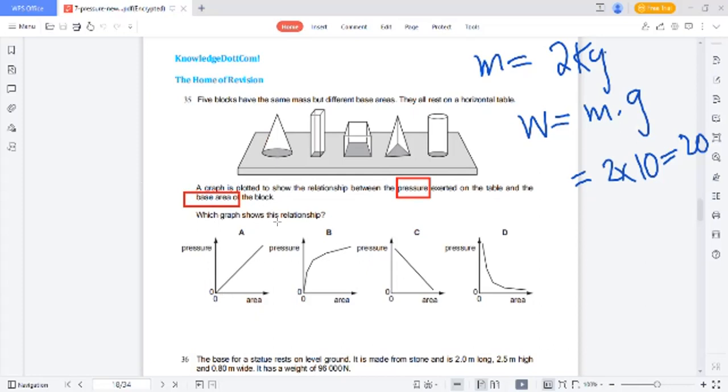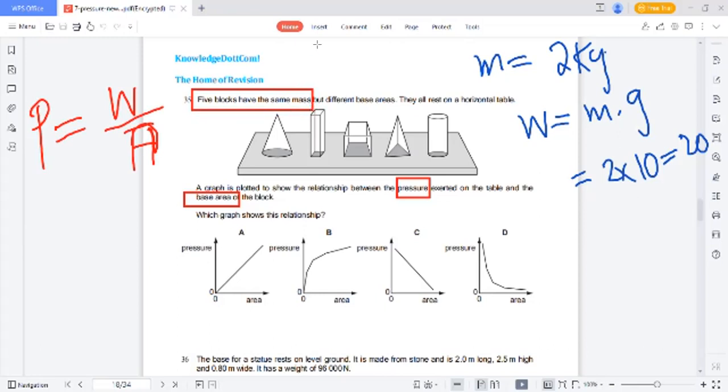Now you can see the formula of pressure is weight per unit area or force per unit area. So now you can see in question we are given one information. 5 blocks have the same mass.